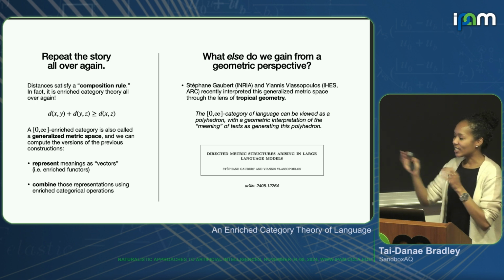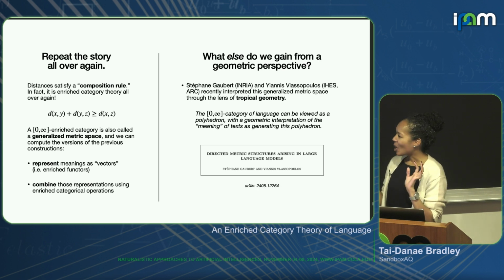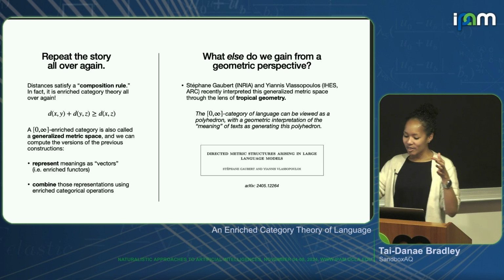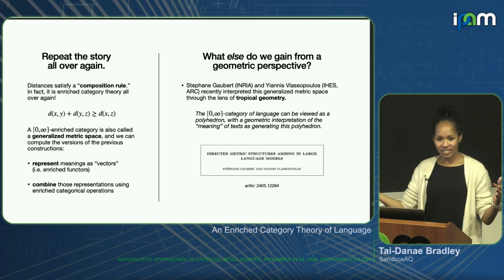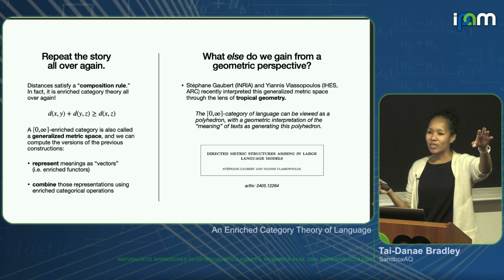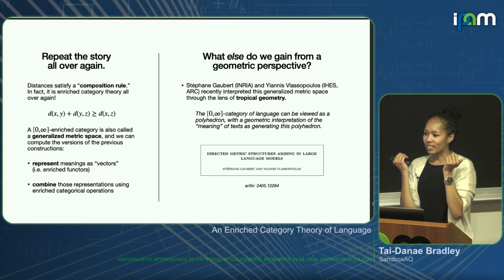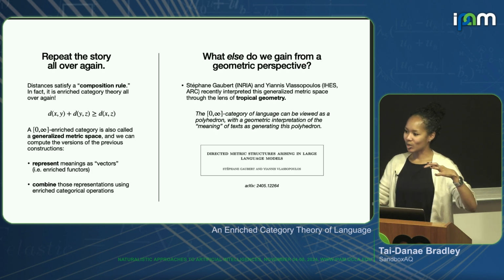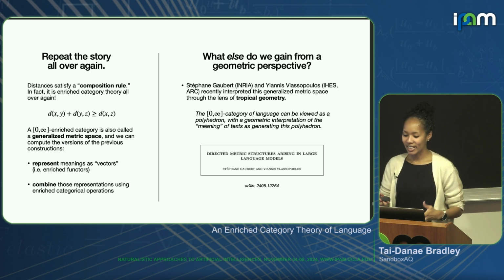This is a recent paper on the arXiv, which I would recommend. All I'll say is that they think of our 0 to infinity category as a polyhedron, where these representable functors are like extremal rays. So they're the things that are generating this shape. It's almost like our representable functors are building blocks for this larger semantic space of language.